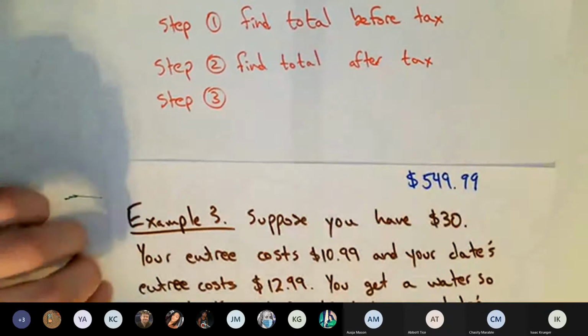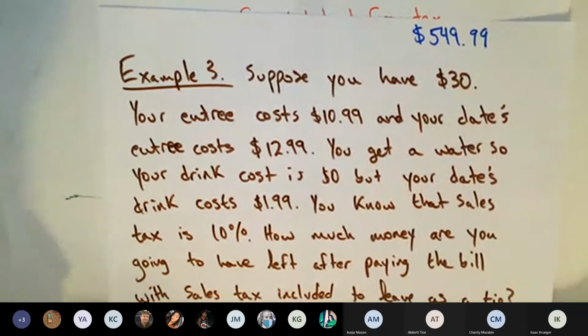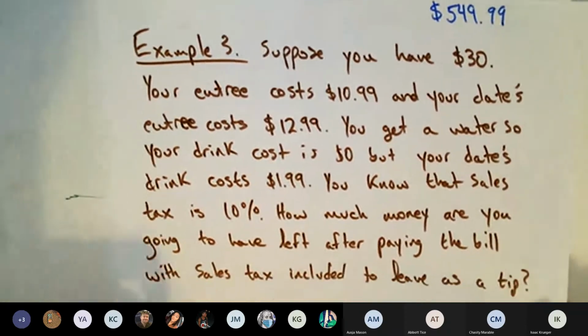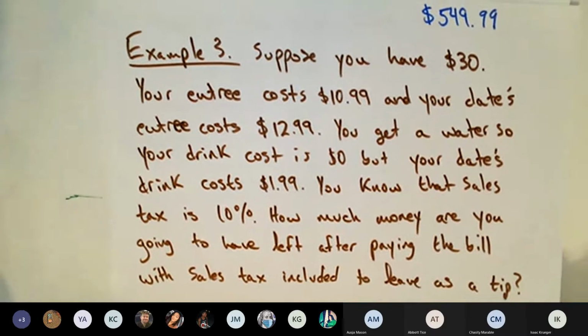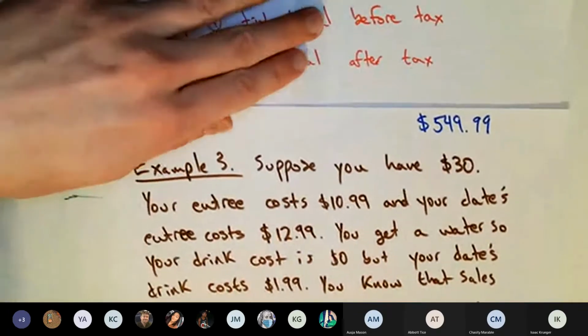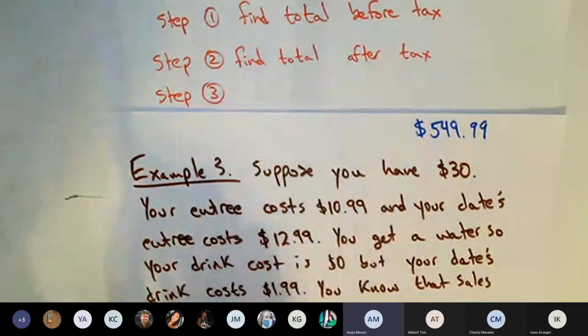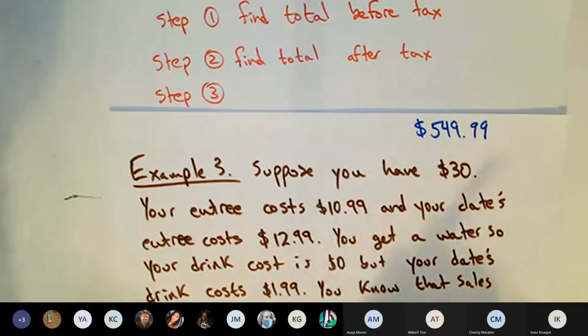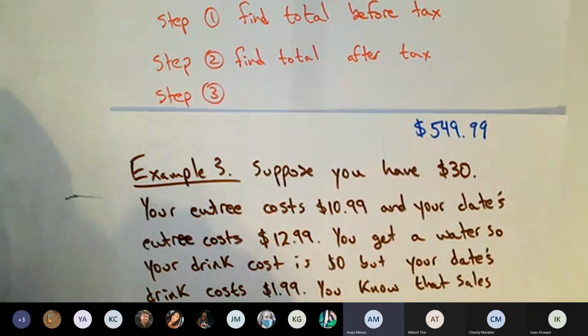So we found total before tax by adding up all these costs, and then we're going to add in that 10% sales tax, and we're trying to figure out how much money you would have left after paying the bill with sales tax included. So what would that last step be? Since you have $30, I think subtracting the final total from the $30, right?